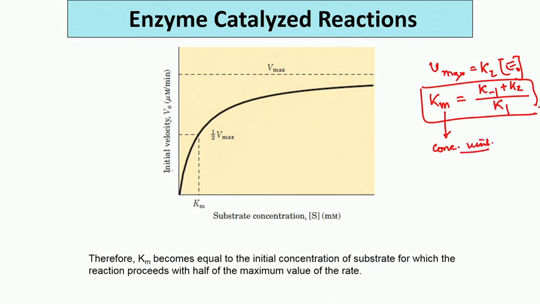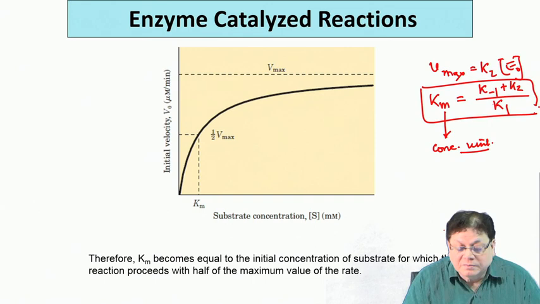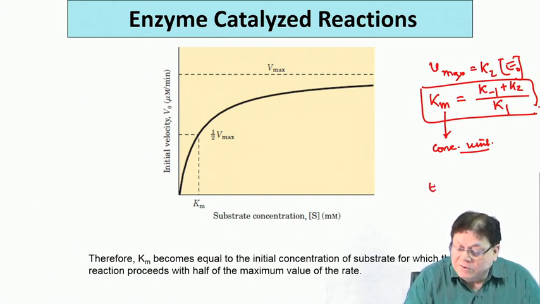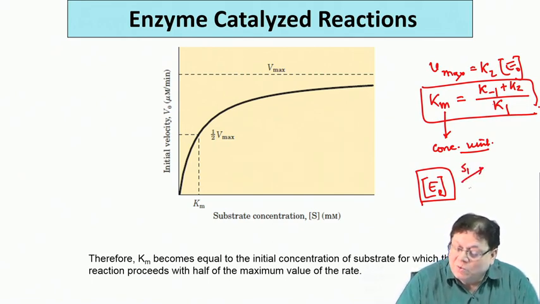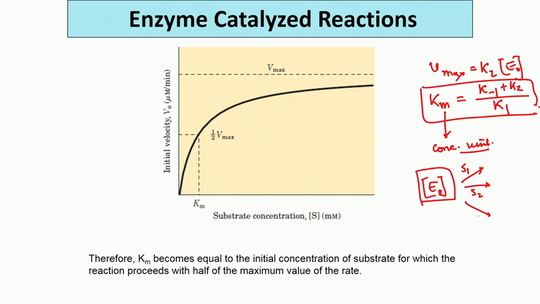Now, suppose you take various substrate concentrations, keeping the enzyme concentration constant. You add different substrate concentrations S 1, S 2, S 3 and determine the initial velocity for each of these reactions.